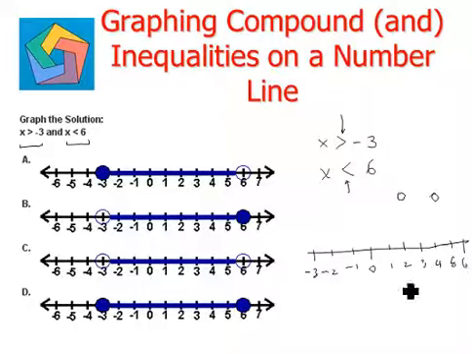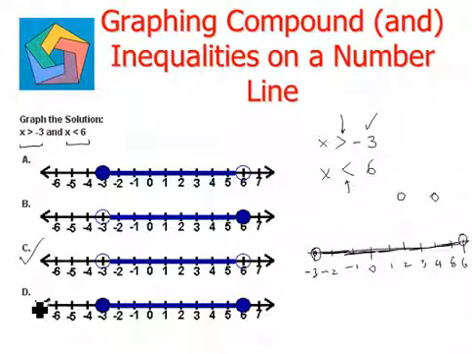So now here x is greater than -3. That means -3 is right here. It will be shown by a hollow circle. And x is less than 6. Less than 6 is here, by a hollow circle. So the value of x will lie between -3 and 6, and will be shown by a dark line. This is seen in option C.